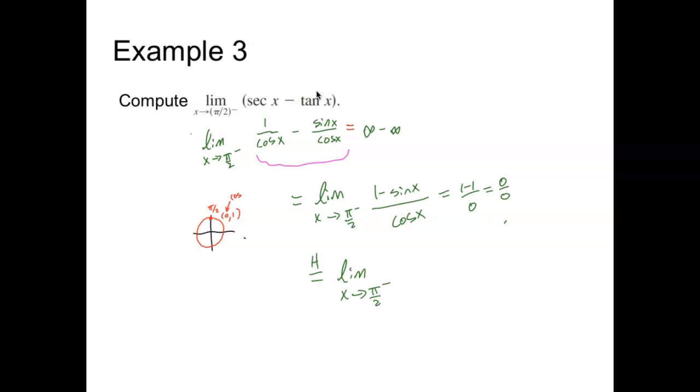All right. What is the derivative of my numerator going to come out to? The derivative of my numerator. So just the derivative of this.